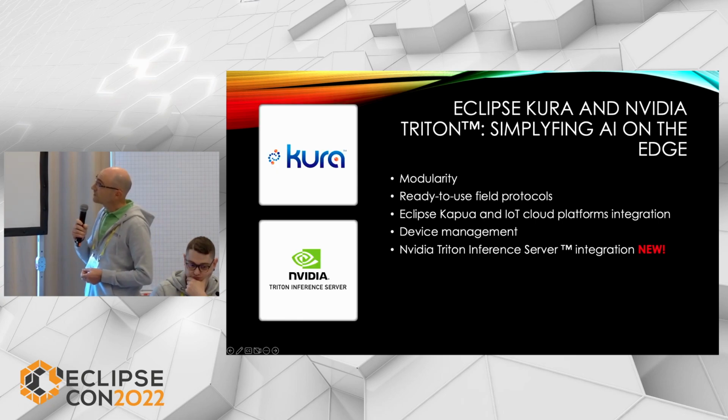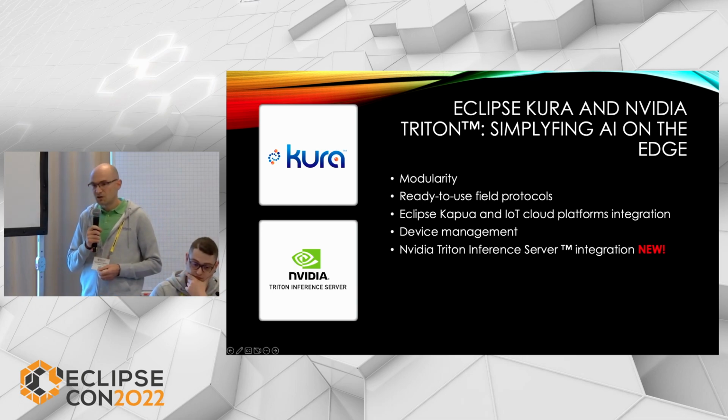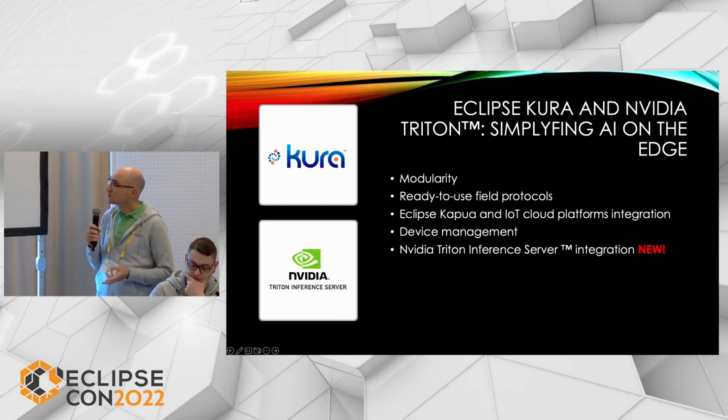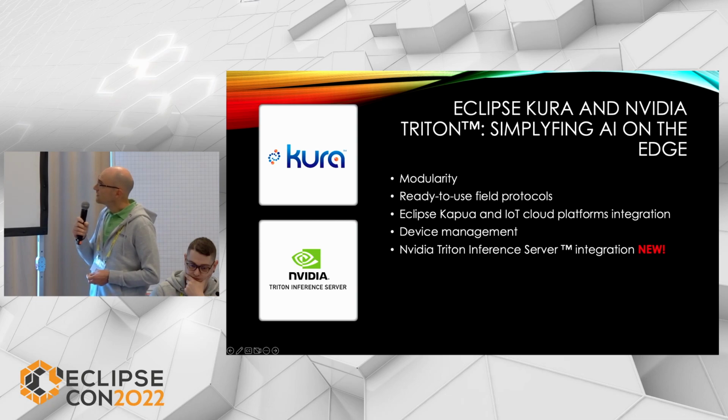So we think that Eclipse Kura can be a good candidate for applying edge AI concepts in the real world, because of its modularity and the fact that it has a lot of drivers that implement different field protocols. It also integrates a lot of IoT cloud platforms, in particular Eclipse Kapua, which can be used for device management.